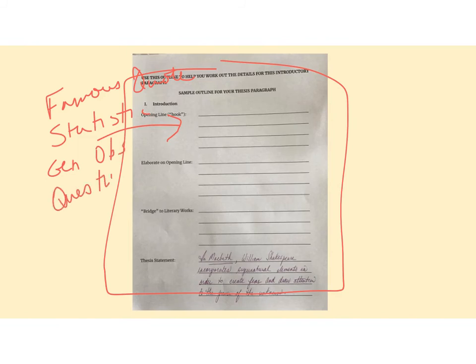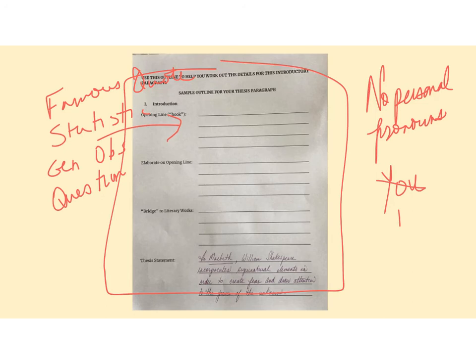The only thing I would caution you against is no personal pronouns at all in formal writing. So you can't use, have you ever felt? So I can't say you, I can't say me, I can't say we, I can't say our, none of those. It has to be very formal. So we have to keep it as such.